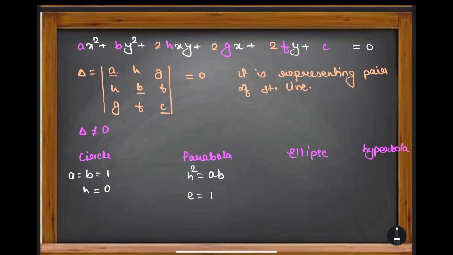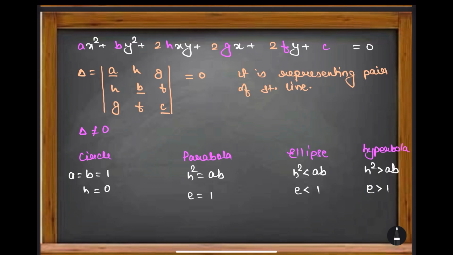For an ellipse, H square should be less than AB, and eccentricity should be less than 1. For a hyperbola, H square should be greater than AB and eccentricity should be greater than 1. So under this scenario, we will have different types of conics.